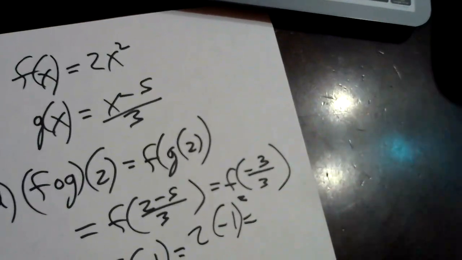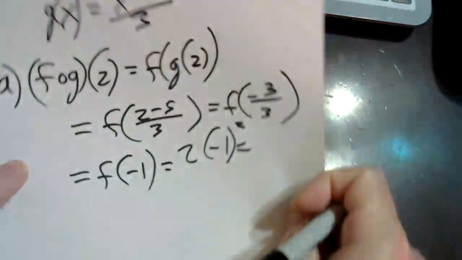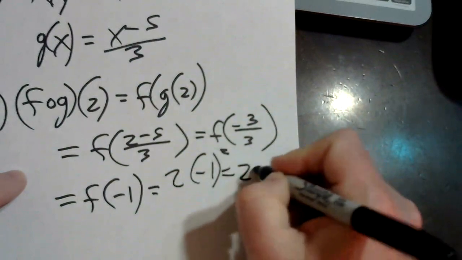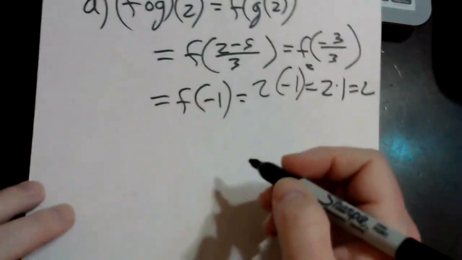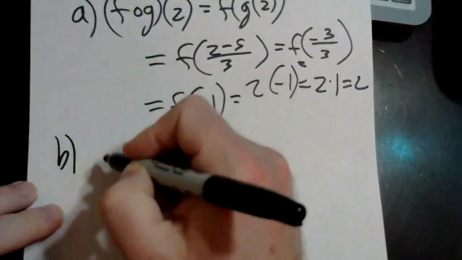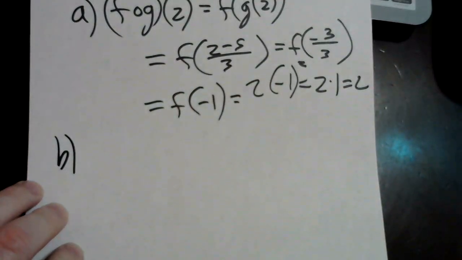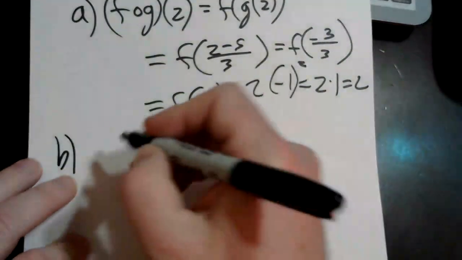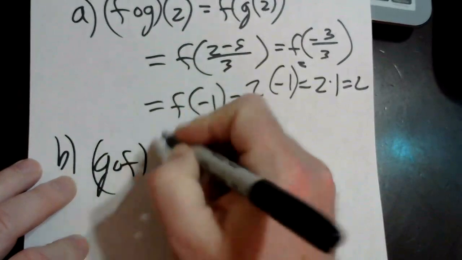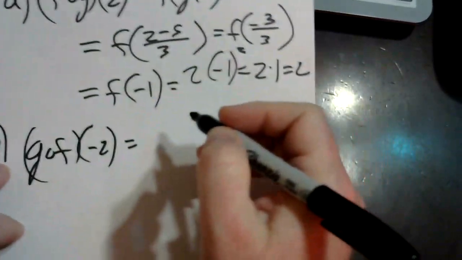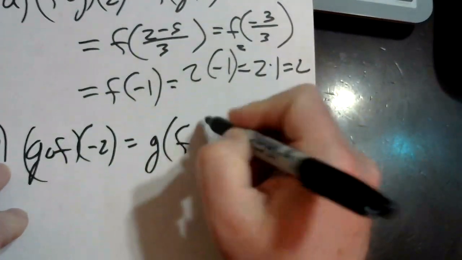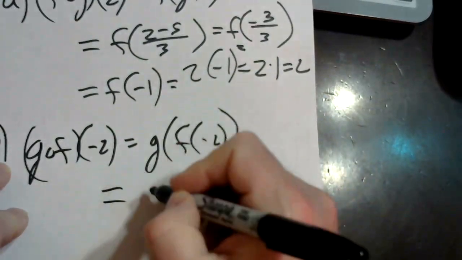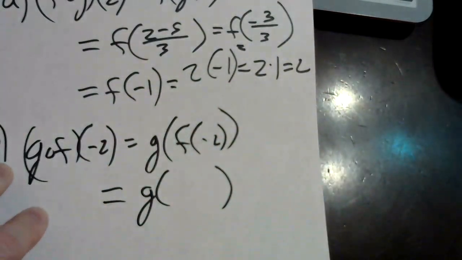And that's really just 2 times 1, which is 2. So part B, this time we're looking for g of f of negative 2. So again, do the one on the right first.